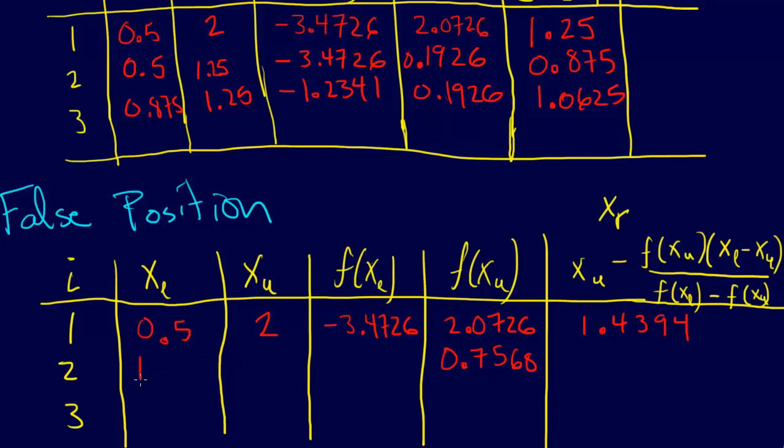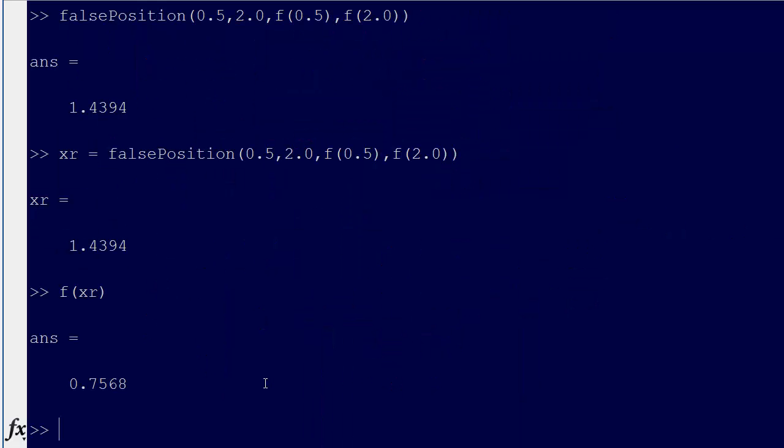And so that means it's the lower one, 1.4394, and so 2 is going to still be our other one, and so we're going to have minus 3.4726, and now we can just evaluate it at those two values, so minus 1.4394 and 2, right?